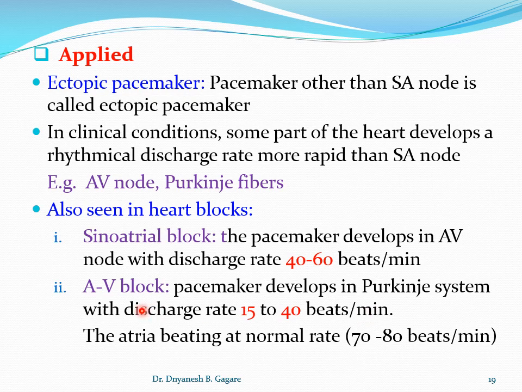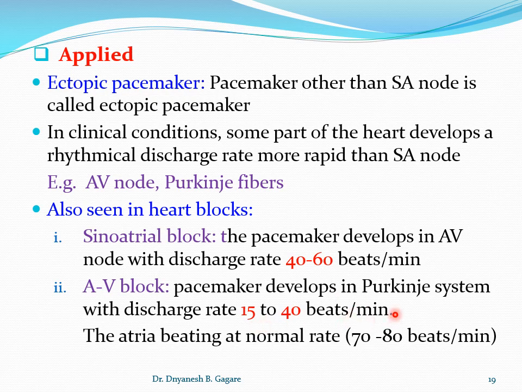If the impulse is not coming from the atrial side to the ventricular side, then the Purkinje fiber takes charge and starts generating impulses with a discharge rate of 15 to 40 times per minute.